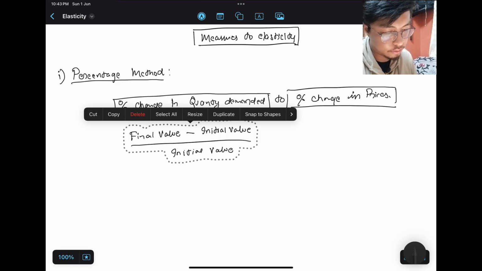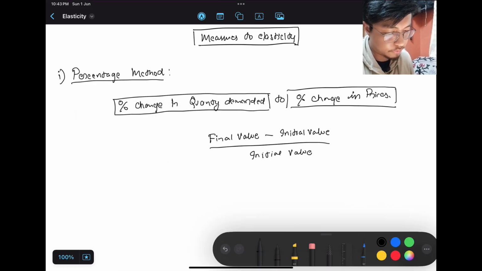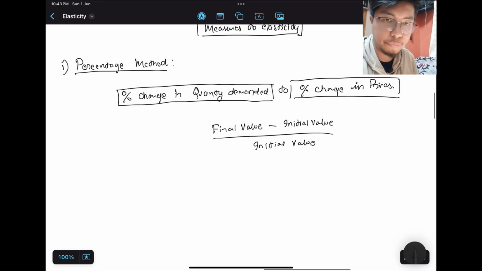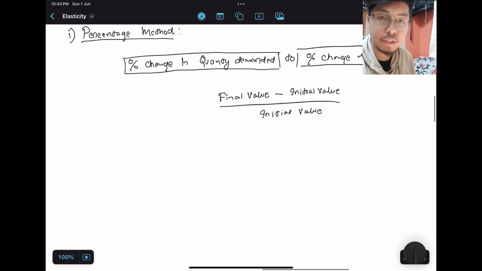I'll just put it here because it applies for both of these. Final value minus initial value upon initial value. When you're talking about percentage change in quantity demanded, what you're saying is, when your prices changed, what was your final value?